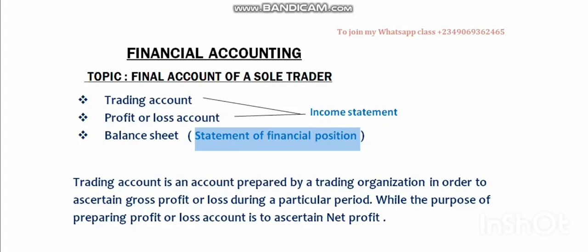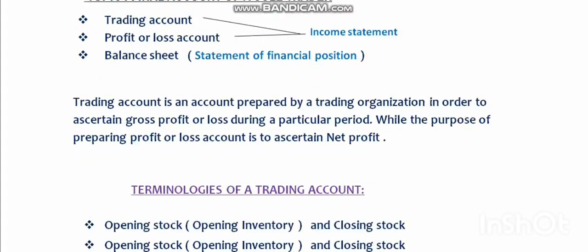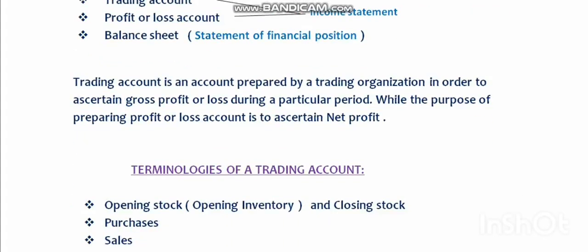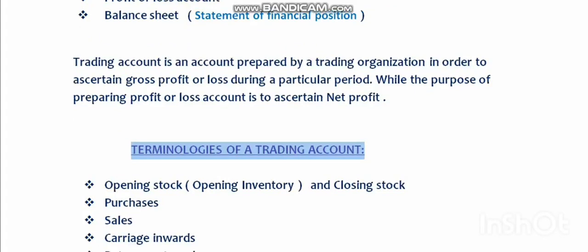Okay, now let's go down to the terminologies of the profit or trading account. We have the opening stock. You can call it opening inventory. Professionally, you call it inventory. So the opening stock is opening inventory, while the closing stock is closing inventory.